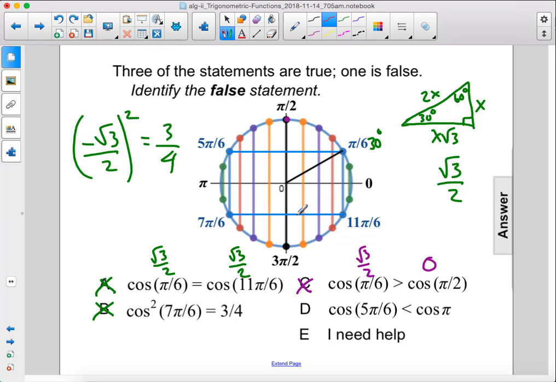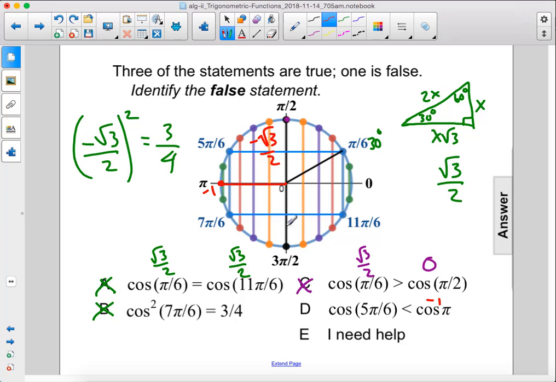Finally, cosine of 5 pi over 6, so this is negative square root of 3 over 2, is less than cosine pi. Now cosine pi is negative 1, because this is where the max length, so the longest line that you can draw from the y-axis to the point, however, it is negative.